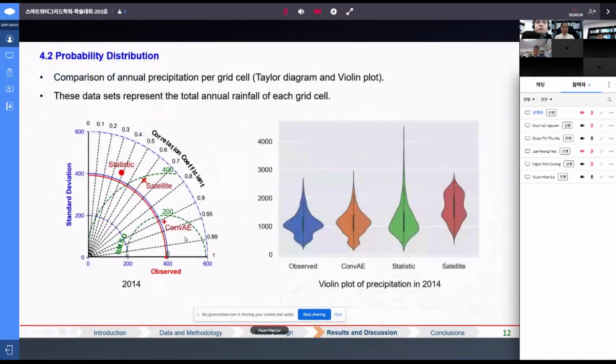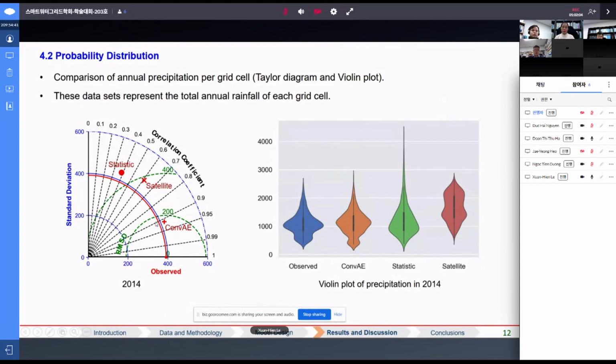And the next comparison is in terms of the probability distribution and the comparison of annual precipitation, illustrated via the Taylor diagram and the violin plot. The left is a Taylor diagram and the right is a violin plot. The Taylor diagram shows information about three statistical indicators: standard deviation, correlation coefficient, and the RMSE, which means root mean square deviation.